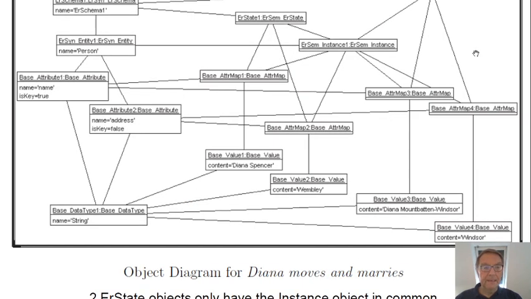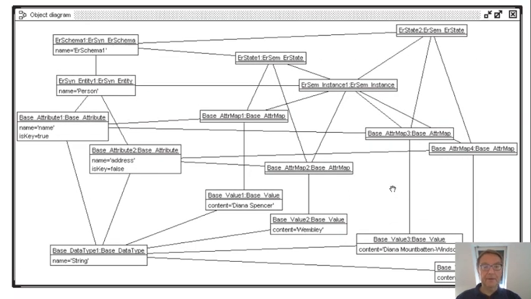And here again, I have two ER states, ER state 1 and ER state 2. What is shared between these two ER states is the instance object. The instance object is present in ER state 1 and the instance object is present in ER state 2.